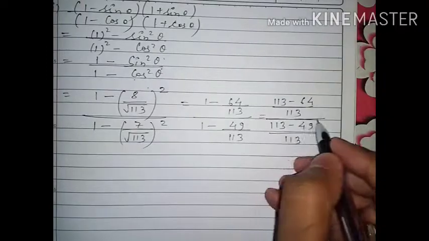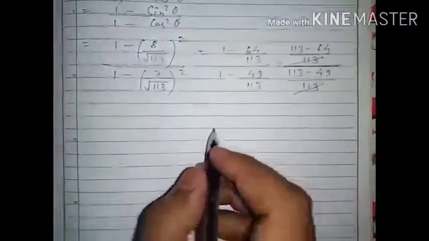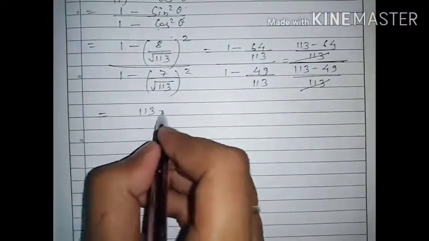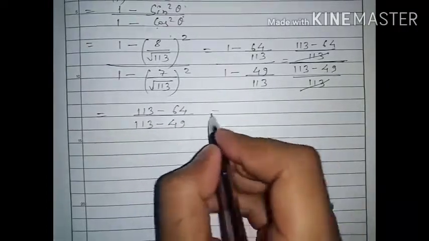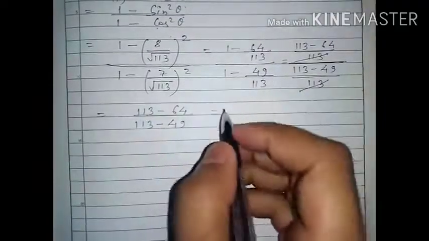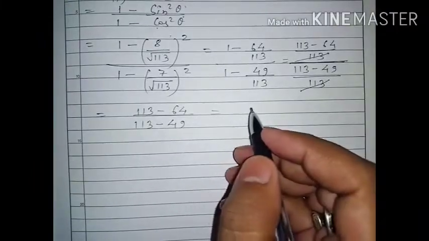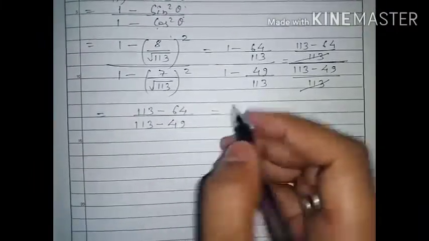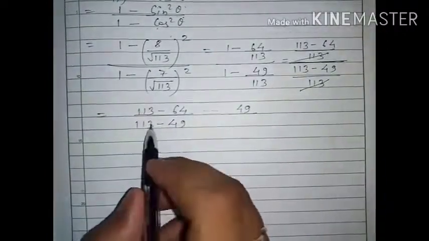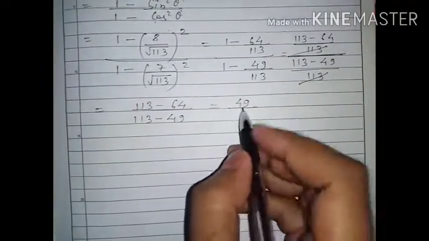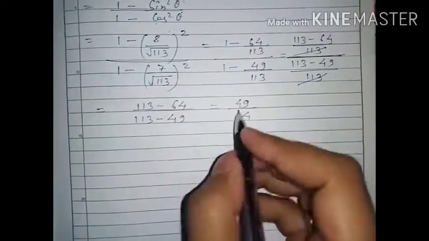Now in this part, this 113 is cancelled out. So now subtract these two. So that is 113 minus 64 by 113 minus 49. So subtract it: 113 minus 64 is 49, and 113 minus 49 is 64.